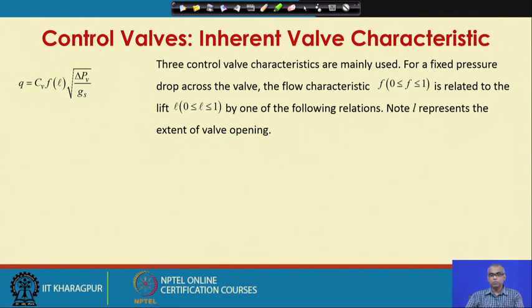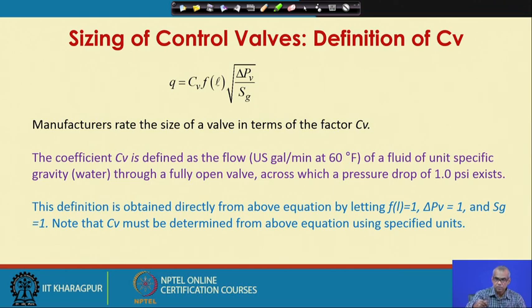There are two types of valve characteristics. F of L, as we have seen in the previous example, represents flow characteristics or valve characteristics.